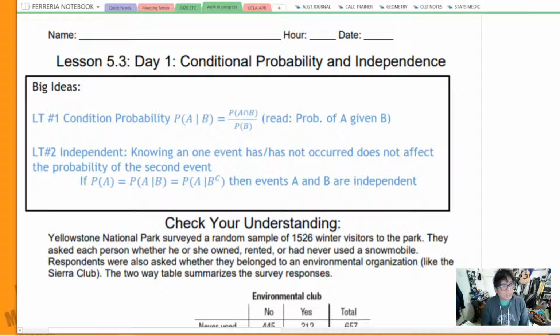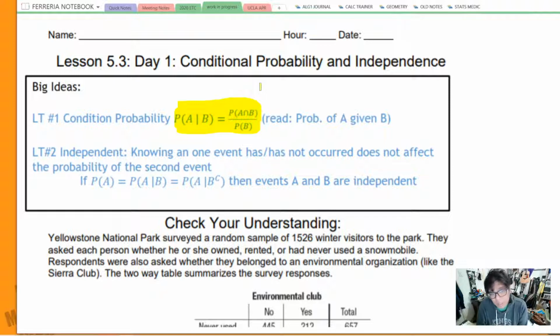So we've got the conditional probability, and this formula over here: probability of A given B is equal to the probability of A and B divided by the probability of B. It's a lot easier to think of that in terms of the row in the table or the column in the table than it is to think about it in terms of this formula.